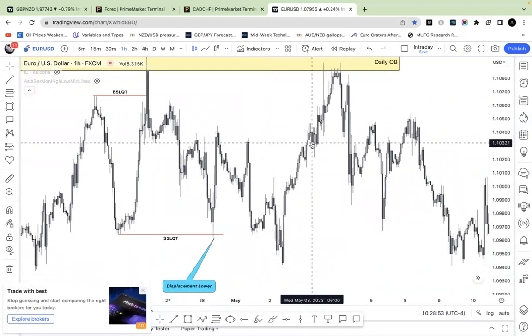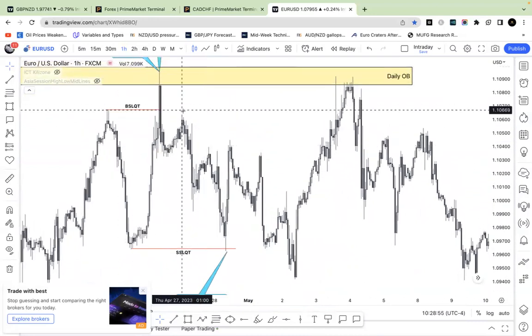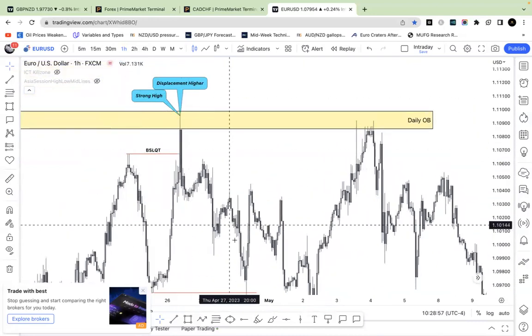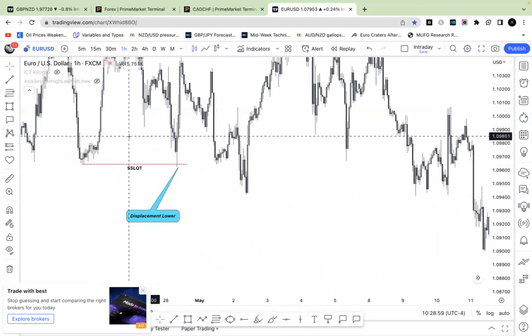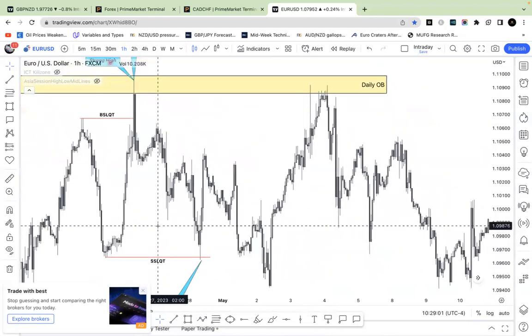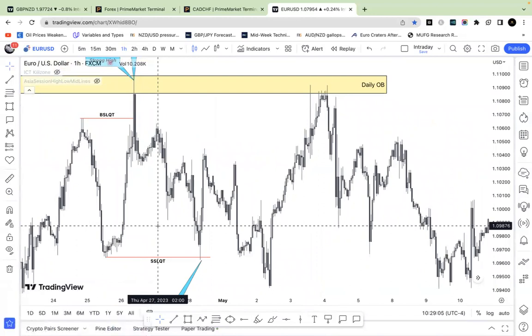But instead, since you have displacement higher right here, now you know they're coming for the swing low for the displacement lower, and you know that on your higher time frame, for example your daily, liquidity is gravitating towards the downside, right? You know that the daily, or the 4 hour or the 1 hour, is going to be pushing from the downside to chase sell side overall, and you have displacement.